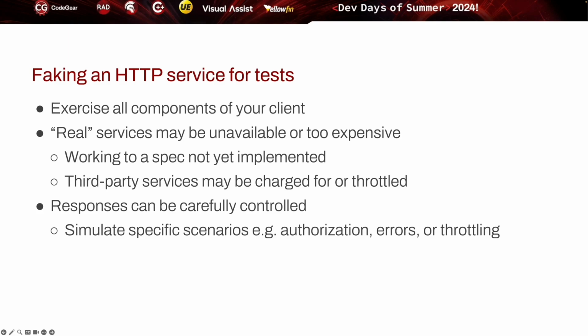So you need to build your clients with the idea in mind that they might receive a throttling response, which is 429 too many requests coming back from your servers.